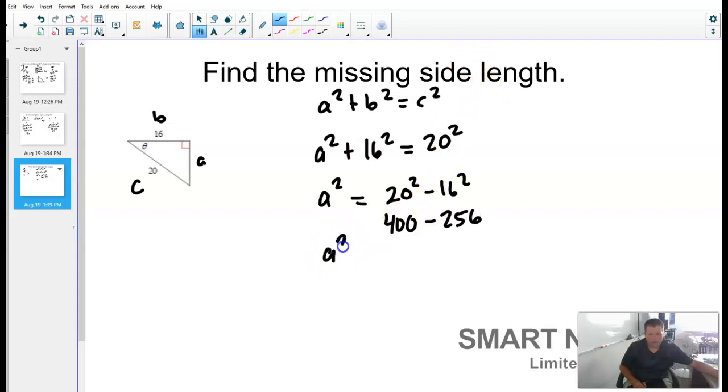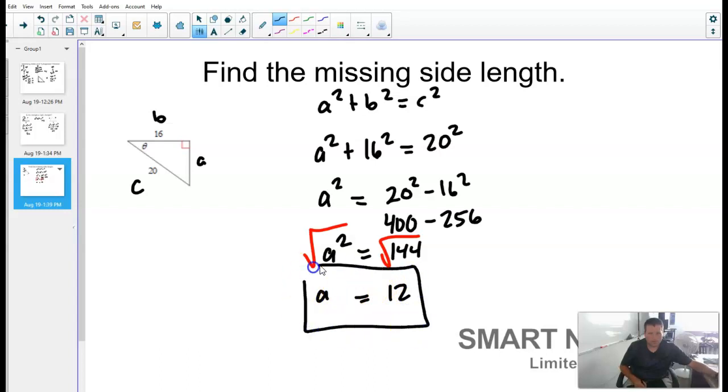And so I have A squared. When I subtract these, I get 144 here. And then because of the squared, how we get rid of the squared is to use the square root. So I'm going to use the square root here. And that'll give me A here equals 12. And that'll be my missing side, just using that Pythagorean theorem that I have.